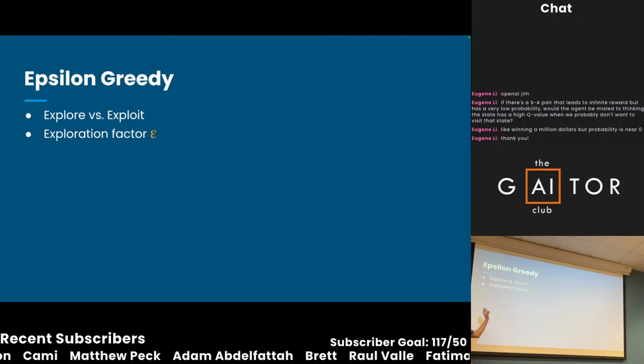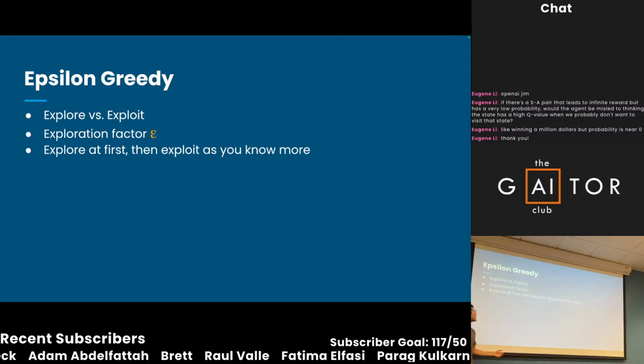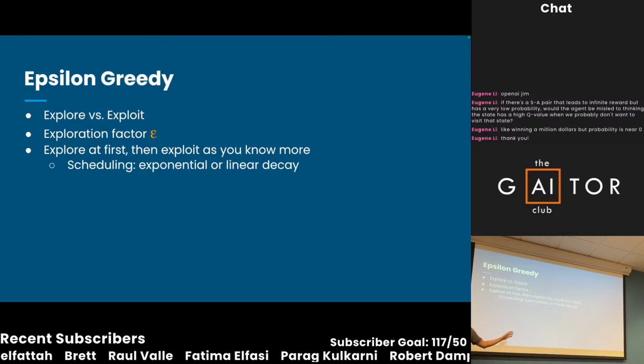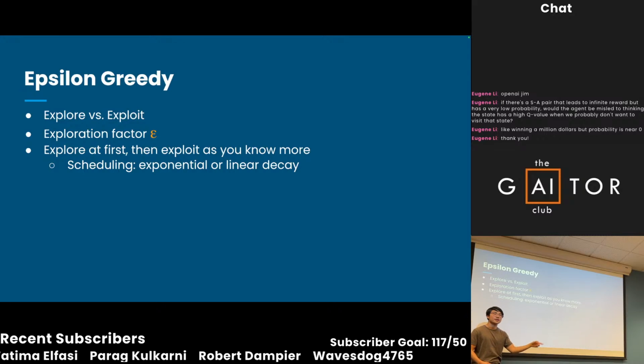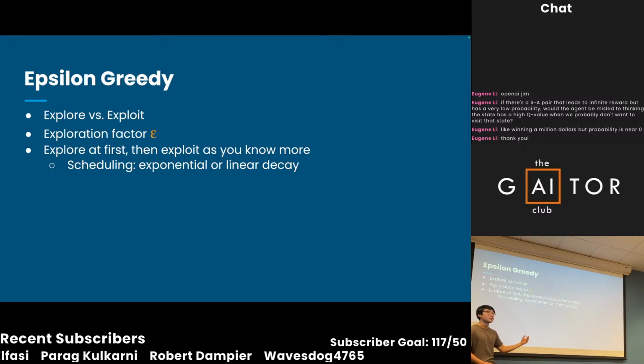And so we can formalize this as an exploration factor epsilon. This is a number between 0 and 1, and we're going to encode this exploration at first, and then exploitation later on. Another thing is that to encode the strategy that we want, we're going to have epsilon decay either exponentially or linearly.